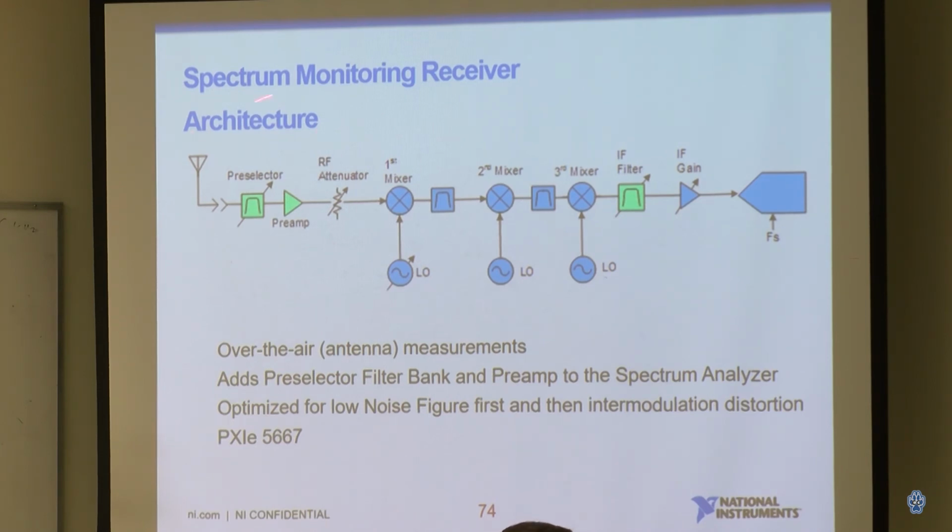And another thing is when you have a lot of front-end components, you can actually improve some of the noise figure. If you have a pretty good preamplifier with a good noise figure, you can use this to do a noise figure measurement. Noise figure is another terminology in RF. I don't know if I have covered this one.